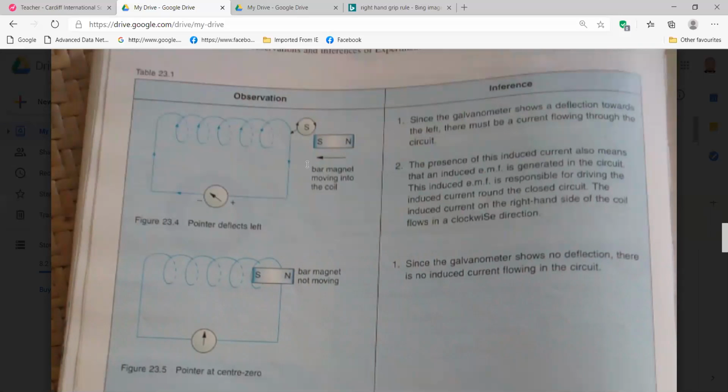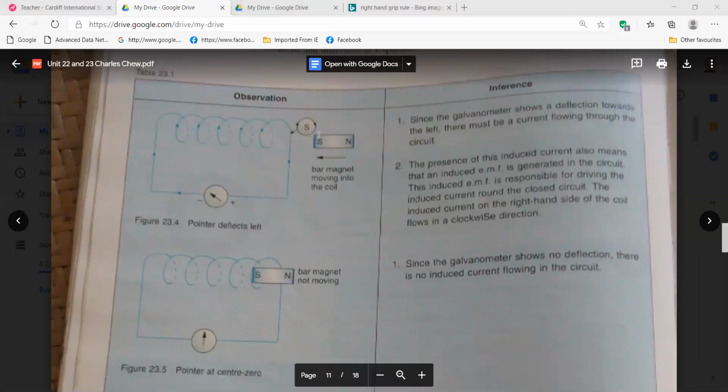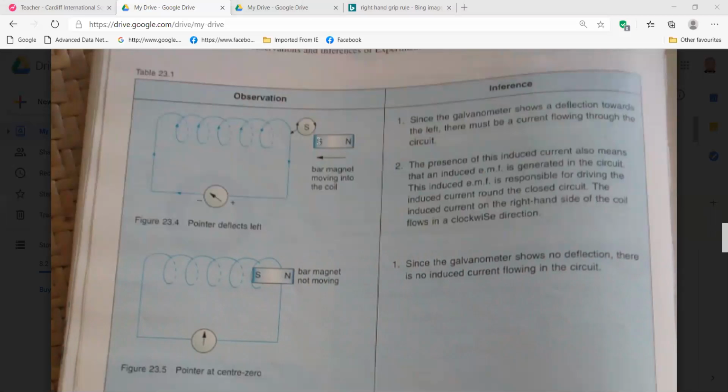Now we are adding something more. When we are taking this magnet over there, we are getting the EMF. That EMF is producing current in the coil, isn't it?